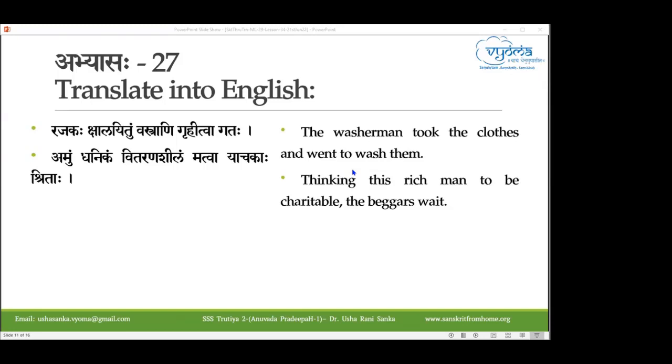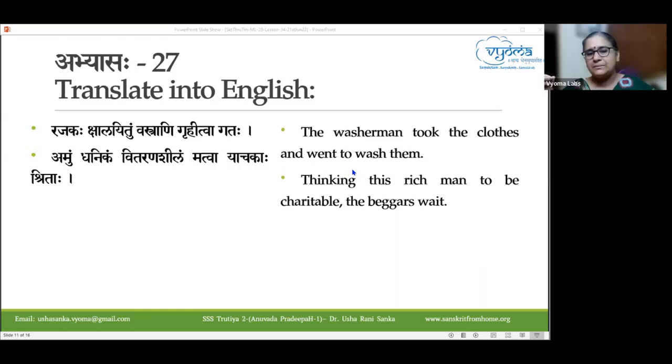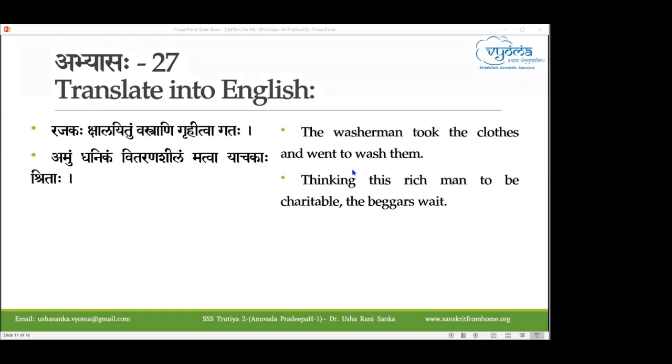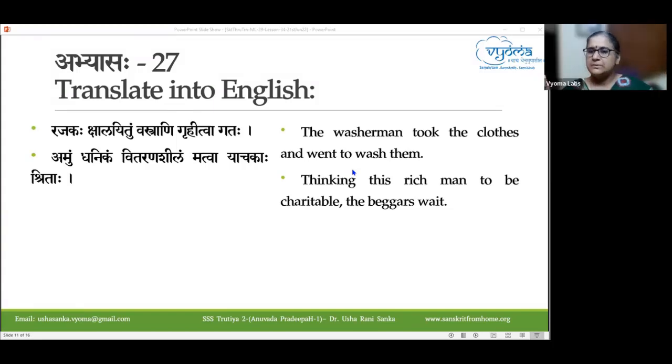Bhagini, instead of thinking, can we say, having thought that this rich man is charitable, the beggars waited? Having thought this rich man to be charitable. Or, the thought of this rich man being generous and charitable, the seekers approached.